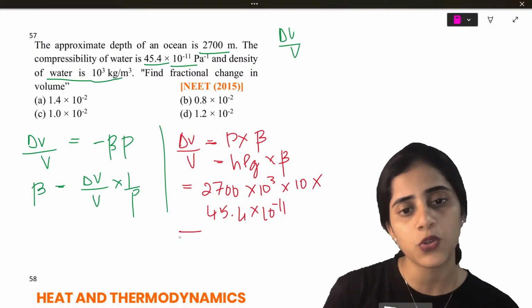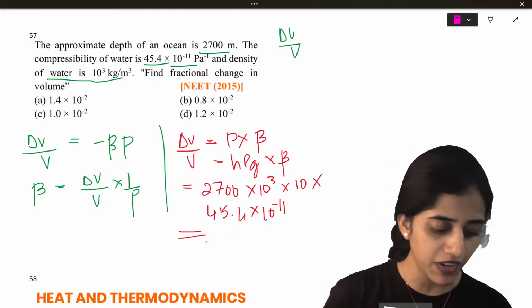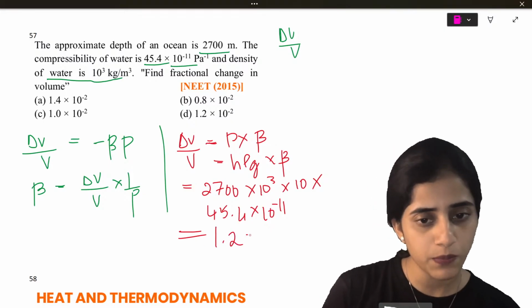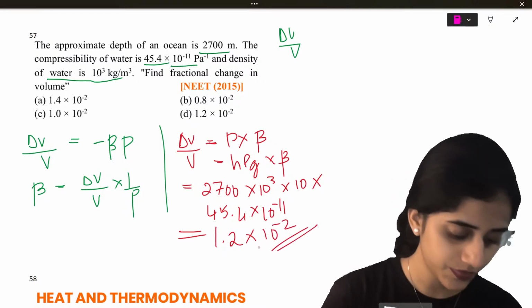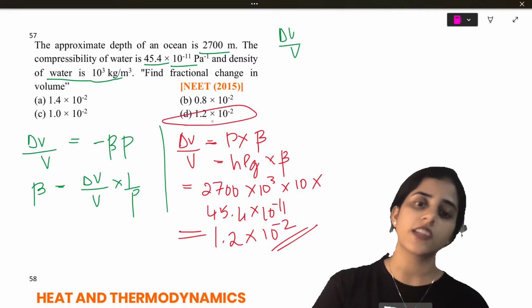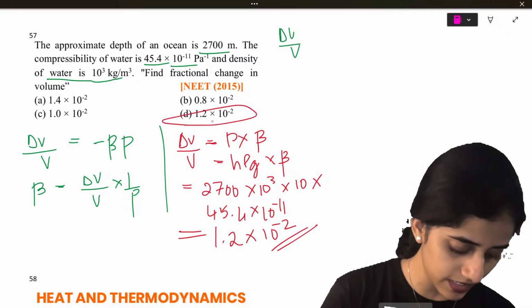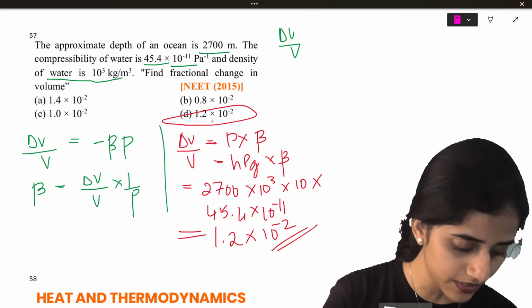Now do the math. If you do the math, 227 into 45.5, you will get 1.2 into 10 raised to minus 2. Are you all getting this? Is there an option? Yes. Option D. Are you all understanding? Quickly solve it and tell me if you're getting option D or not.